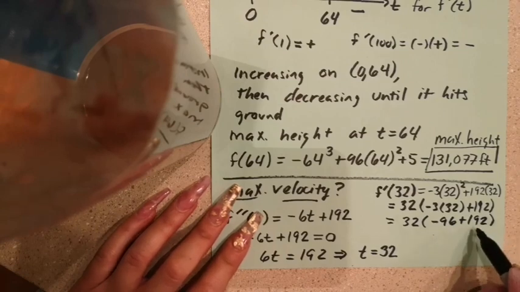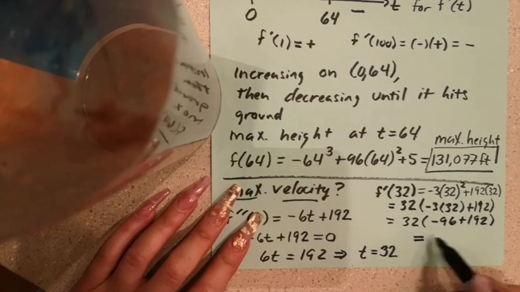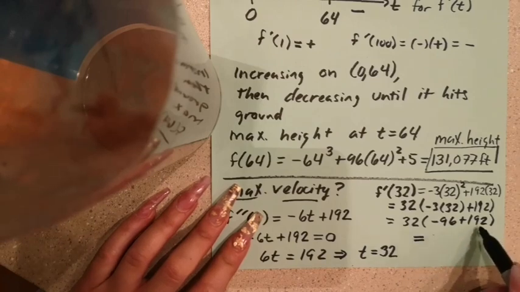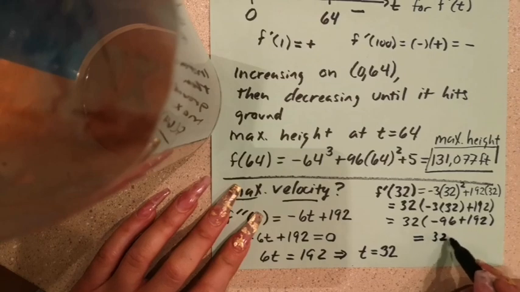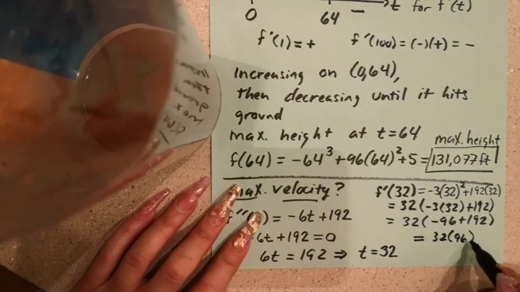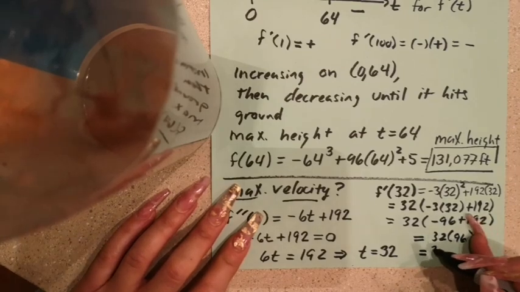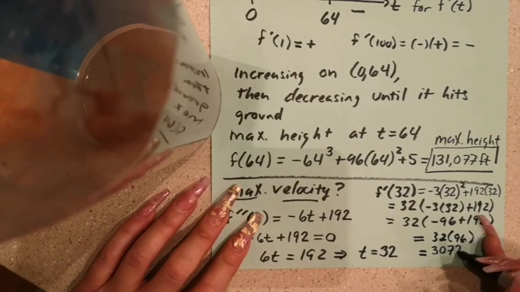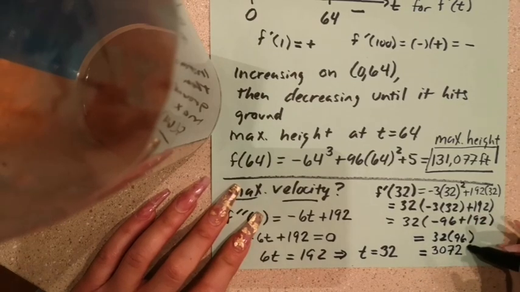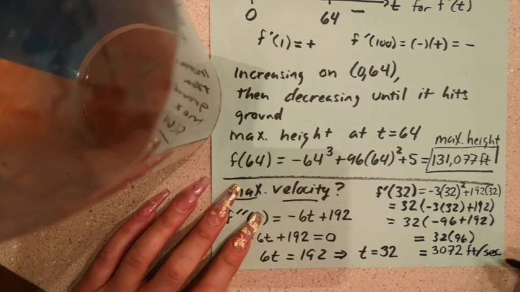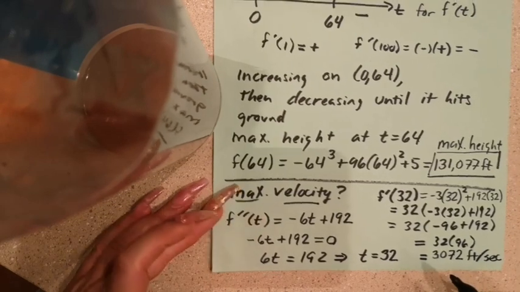So that's what, 96 times 32? Well, so this might be calculator appropriate. Looks like 3072 feet per second is my maximum velocity.